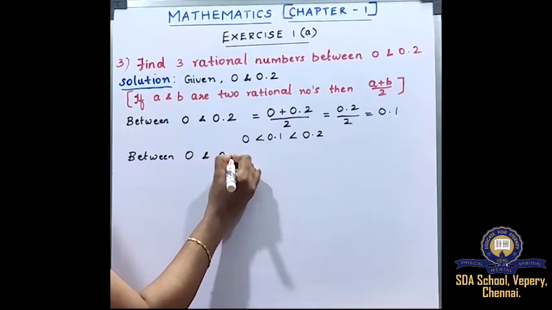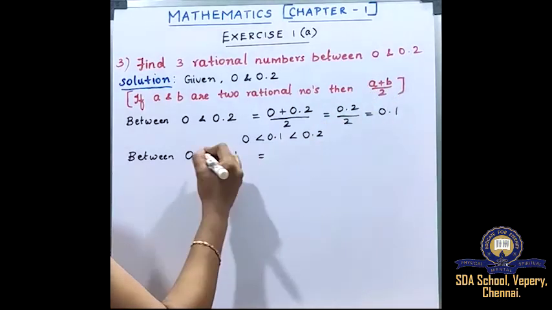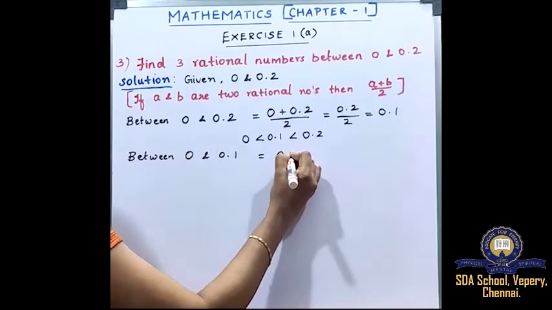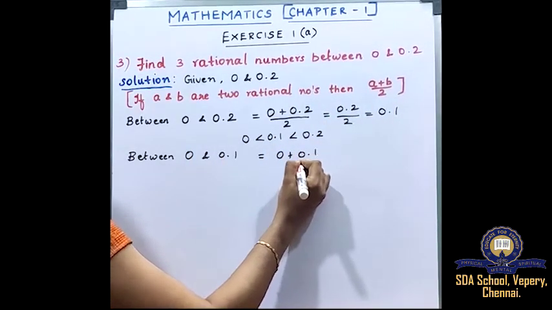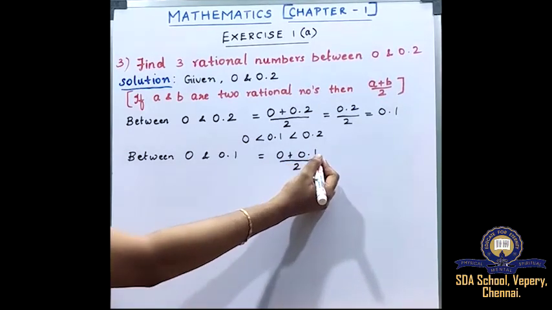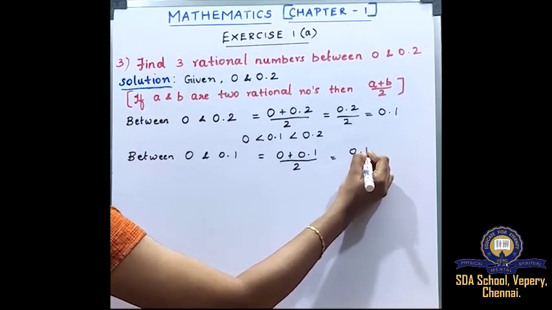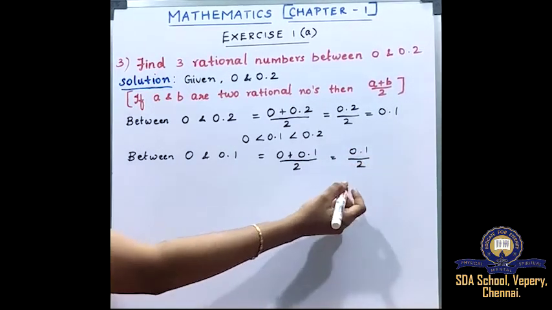Between 0 and 0.1, using the same condition, (a plus b) by 2, so 0 plus 0.1 by 2. When you add this, what will you get? 0.1 by 2, right?